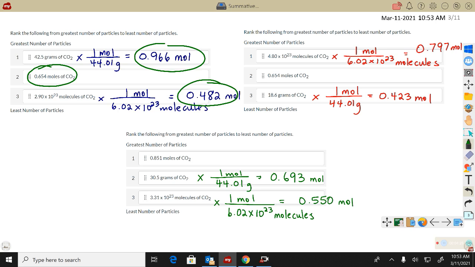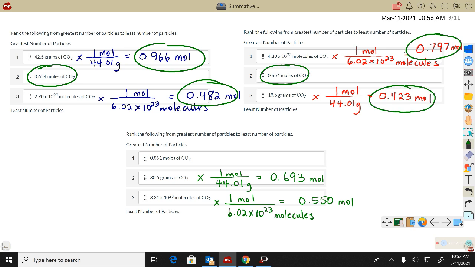The second choice was already in moles, and then I took my 18.6 grams and converted that to moles. I wanted to cancel grams, so the 44.01, that's off the periodic table. That's just the molar mass: 1 carbon plus 2 oxygen. And so now I can easily rank these by greatest moles to least moles.